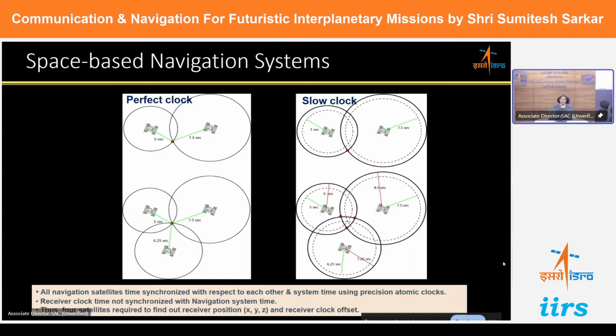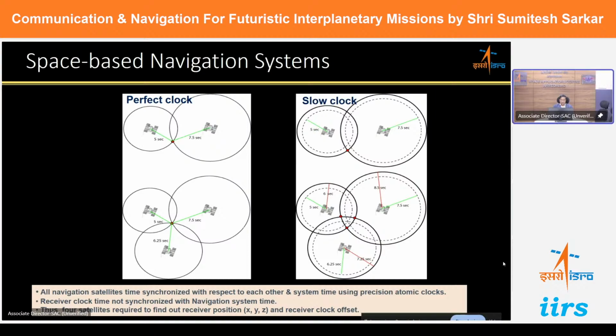There are many GPS or NavIC satellites orbiting around the Earth. Now, at a time, from one location on the surface of the Earth, if you can find the distance to 3 such satellites, then by the method of triangulation, you can find out your own location. That is the basic fundamental principle of navigation.